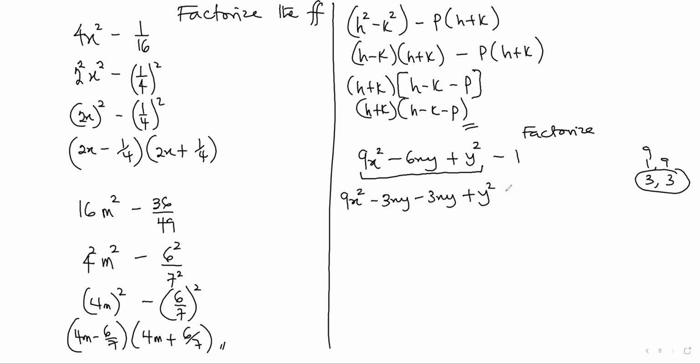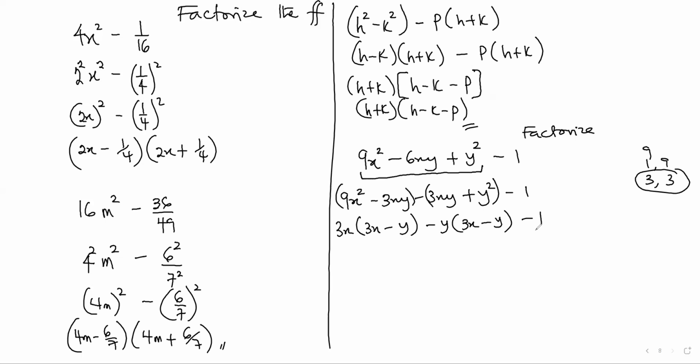Okay. Minus 1. So we group them. In the first group, what's common is 3x. So we'll be left with 3x minus y. What's common in the next is minus y. We'll be left with 3x, sorry, so it'll be minus y. So the negative times negative is positive. Then minus 1.